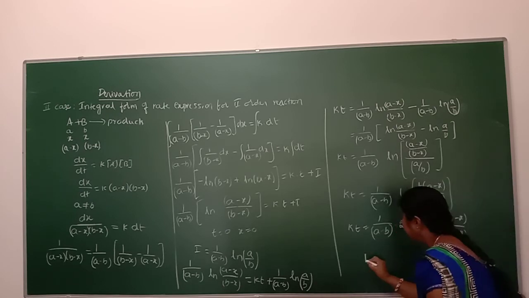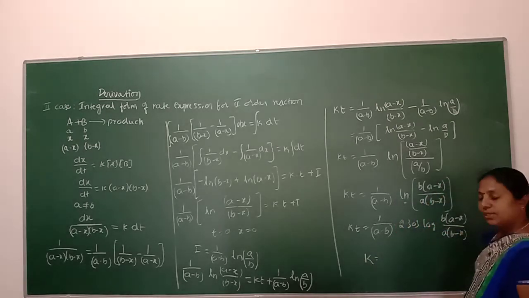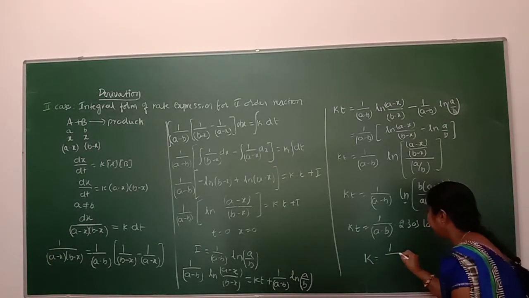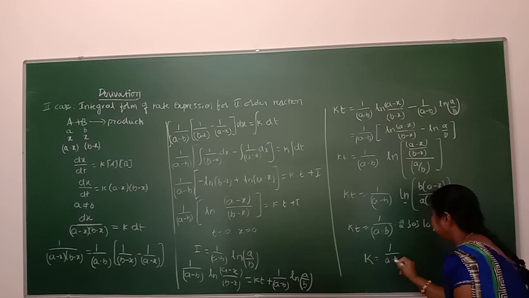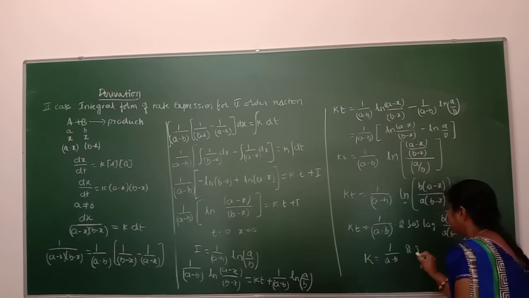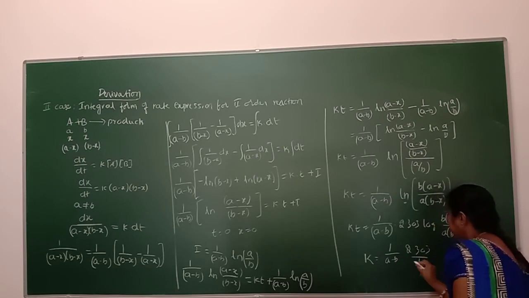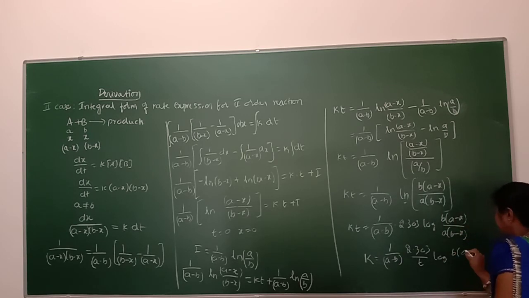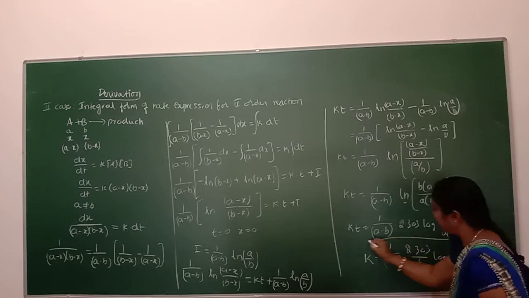Finally, to separate k, the rate expression is 1 divided by (a minus b) into 2.303 divided by t, log of b into (a minus x) divided by a into (b minus x). So this is the final equation.